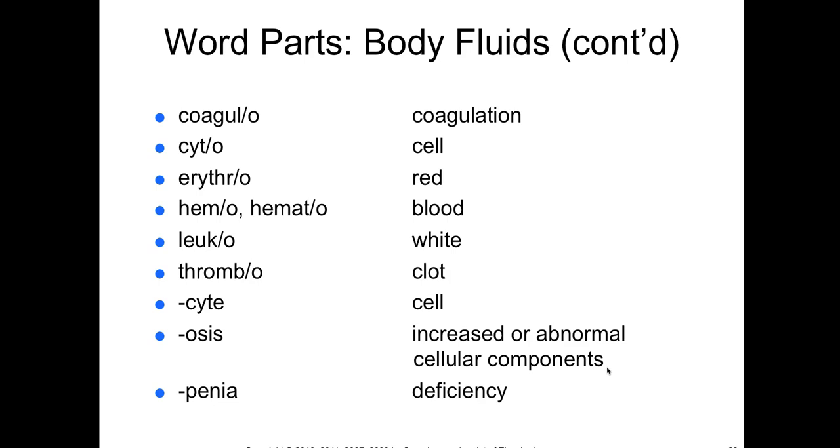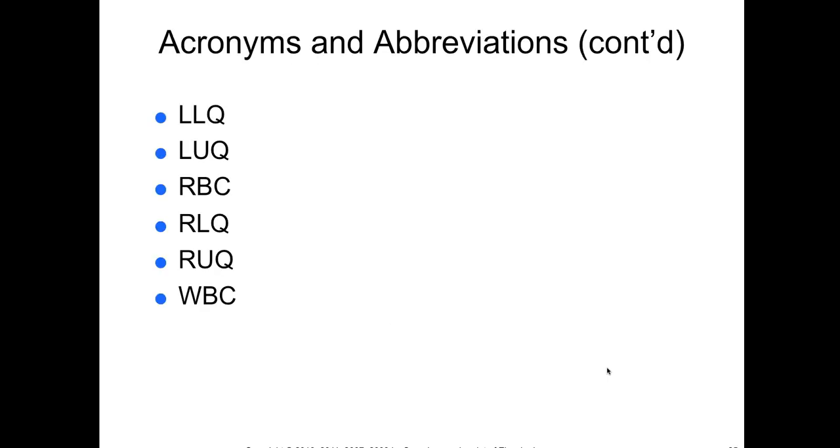So like thrombosis would be an abnormal condition of clotting within our circulatory system. And then we have penia, which means deficiency. So if we have erythrocytopenia, erythro means red, cyto means cell, and penia means deficiency. So it means that we have a deficiency of red blood cells or low red blood cell count. Now I want you to do exercise 15 on page 117 and show it to me on Monday.